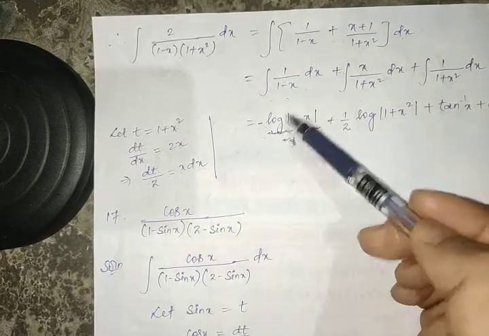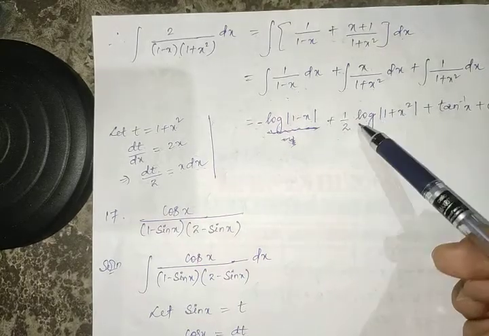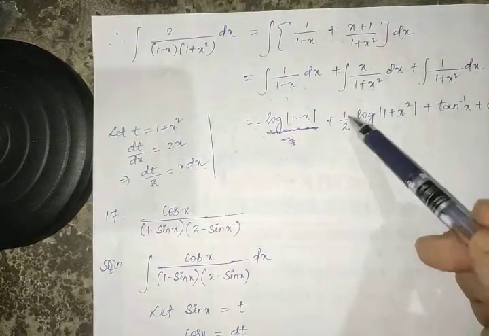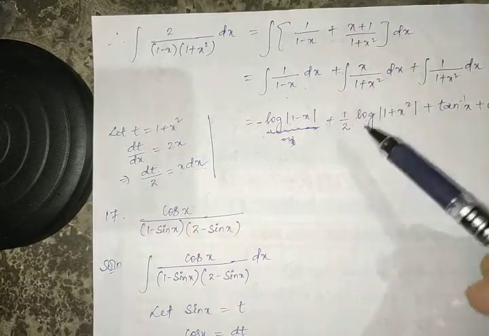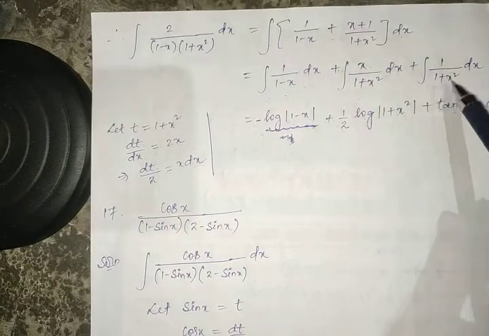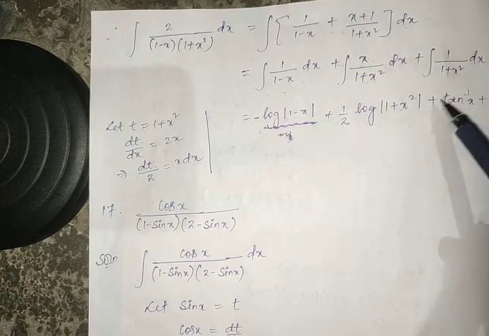So it will be minus log mod of 1 minus x, plus half log 1 plus x square. This part I have written the answer directly. You can simplify it more and write, plus the integration of 1 by 1 plus x square, which is tan inverse x plus c. So that will be the answer.